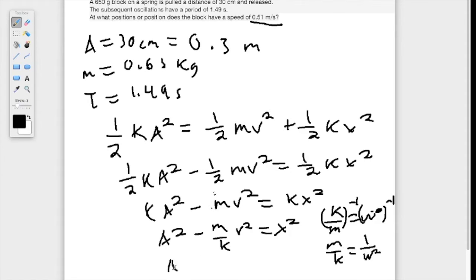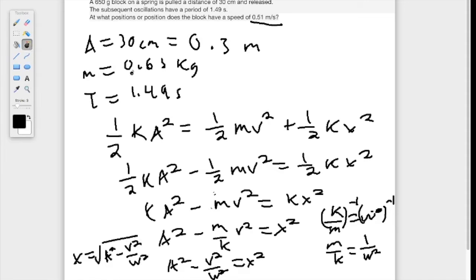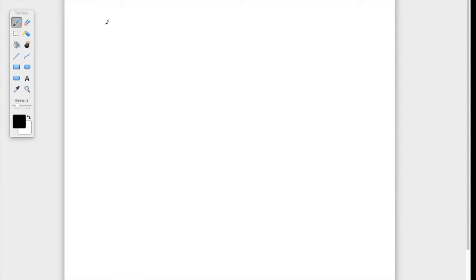So A squared minus v squared over w squared equals x squared. And then x is just the square root of A squared minus v squared over w squared.